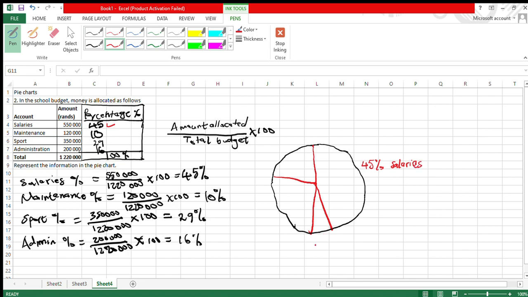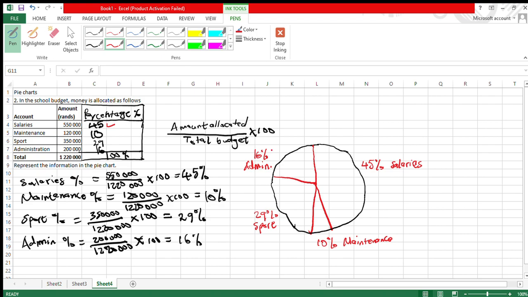This one is going to be 10% maintenance. And this one is about 29% sport. And finally, we have 16% of administration.